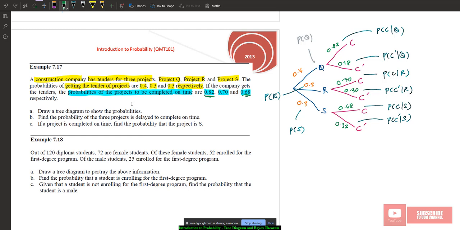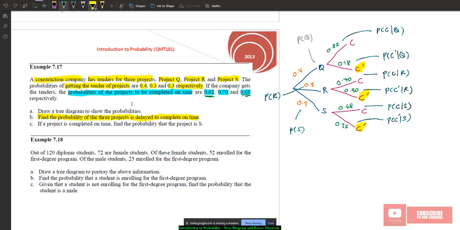So now we want to find the probability of 3 projects delayed to complete on time. So delayed to complete on time is C complement, right? So this is C complement, delayed project, right?